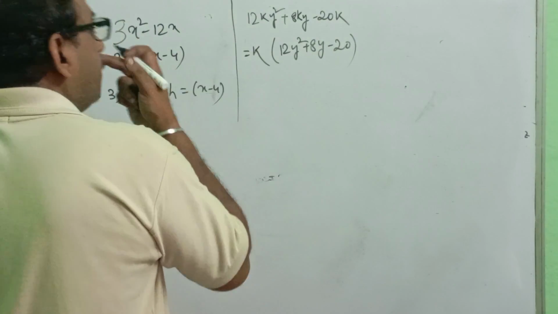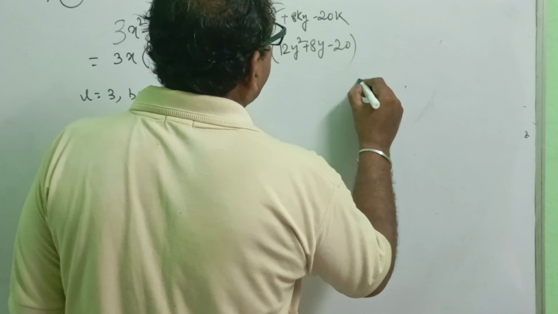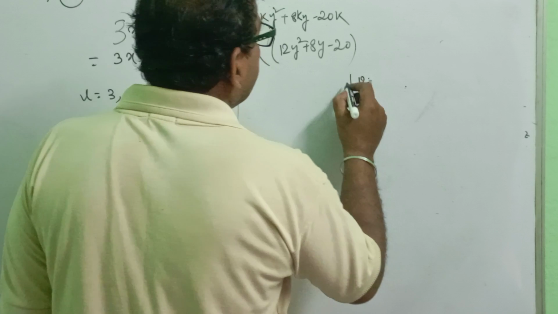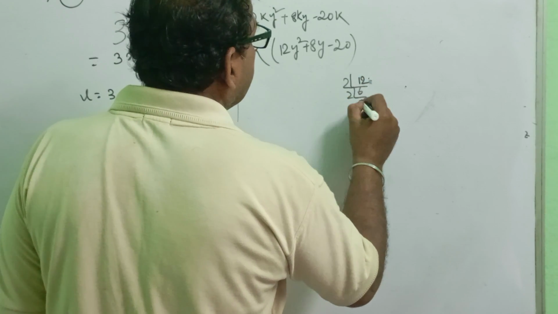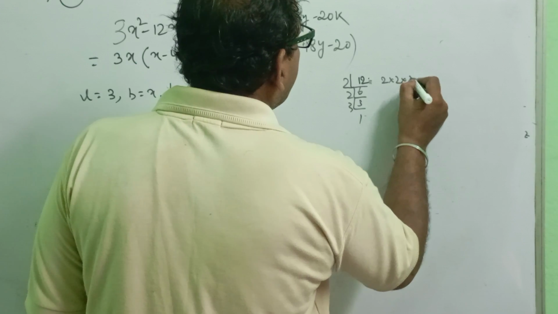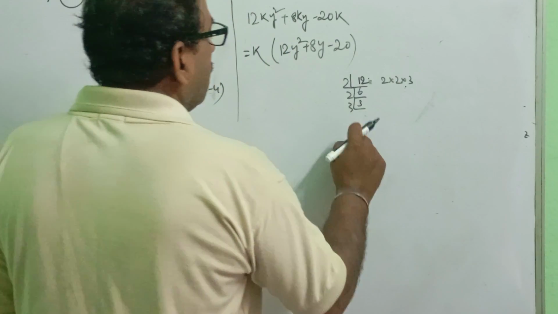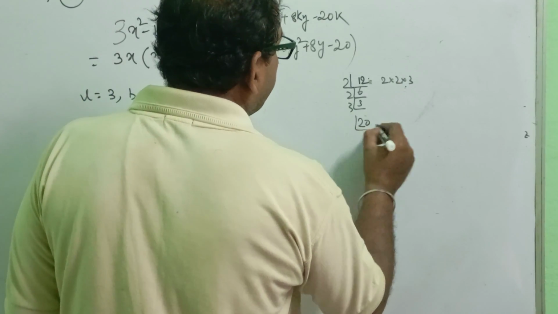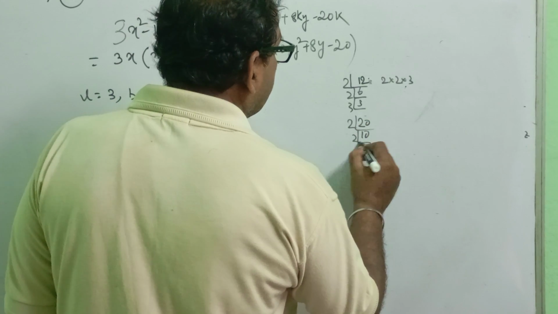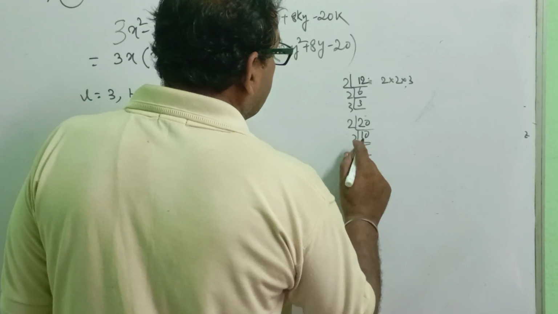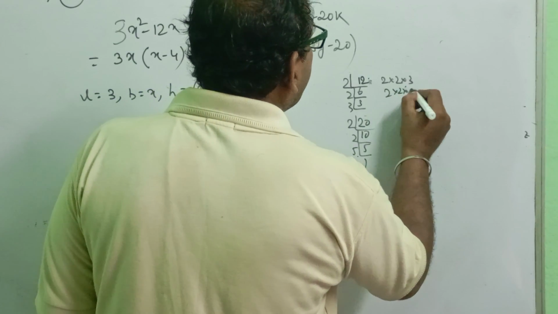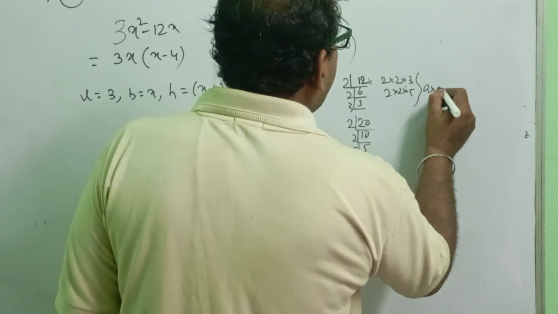Now this is a middle term factorization. 12 is 2 into 2 into 3 and 20 is 2 into 2 into 5, and this is a into c.